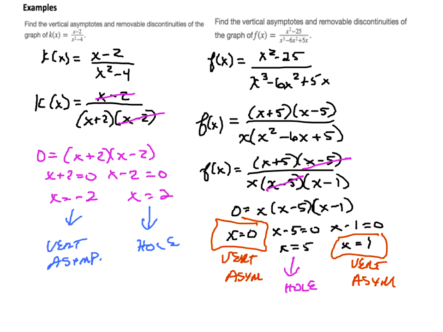Actually, I'm just going to go ahead and type it in here because I don't have a pen next to me. x squared minus 25 divided by x cubed minus 6x squared plus 5x. Okay, now I'm going to share my screen and show you this graph.